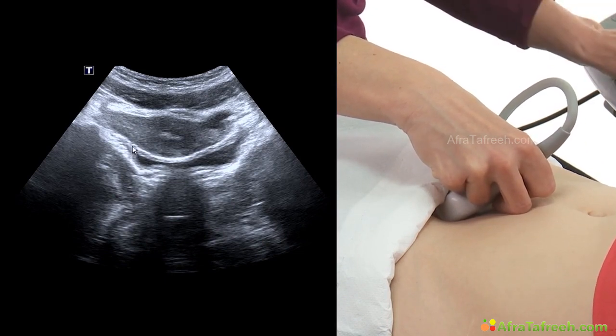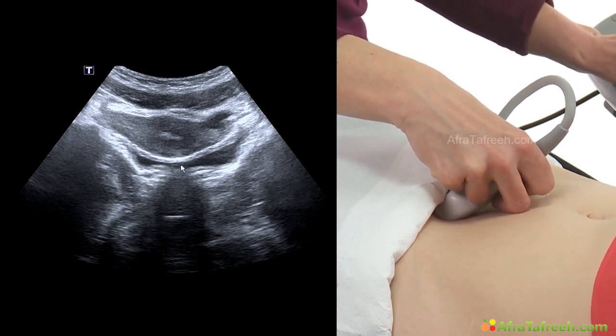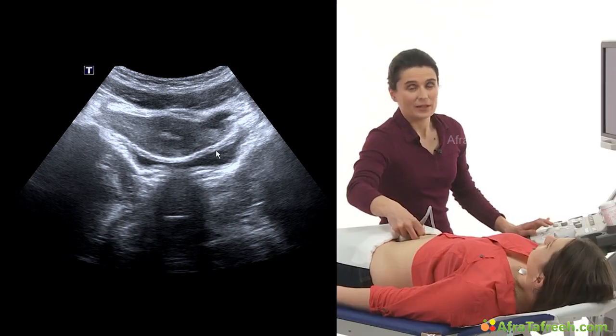I show you this small structure over here with nearly no fluid in it. And you can easily understand why it's not possible to assess the wall of the urinary bladder because it's folded, it's thick, and you can't distinguish if there's a tumor or polyp or not.